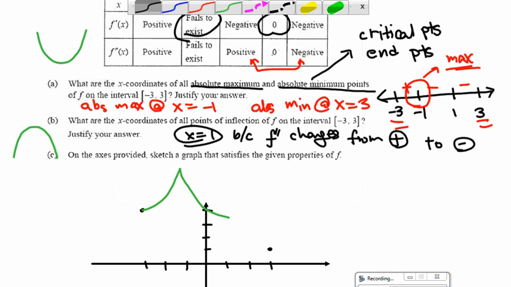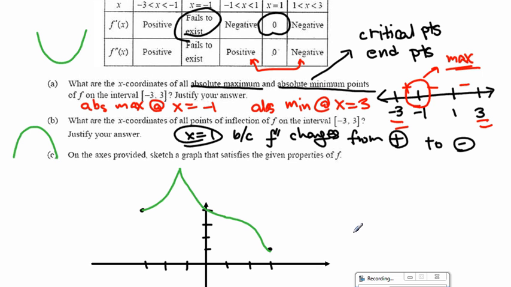So here we have, let me be more precise. So it's going to be something like this. All right, let us move on.